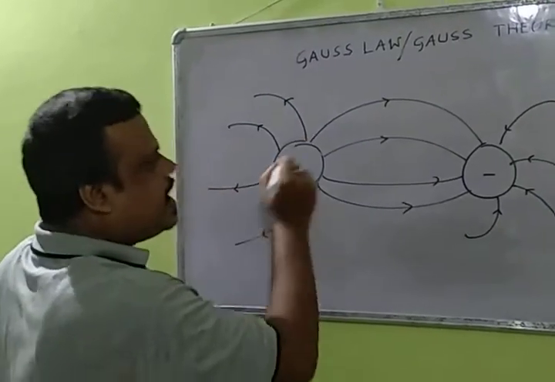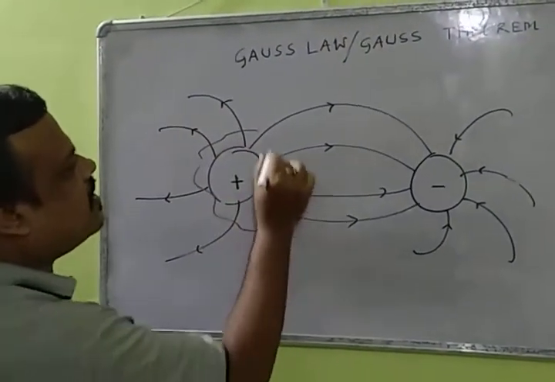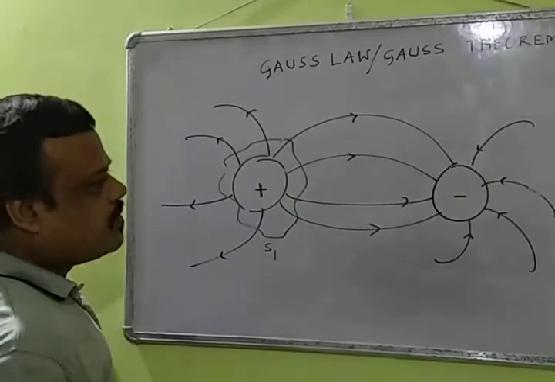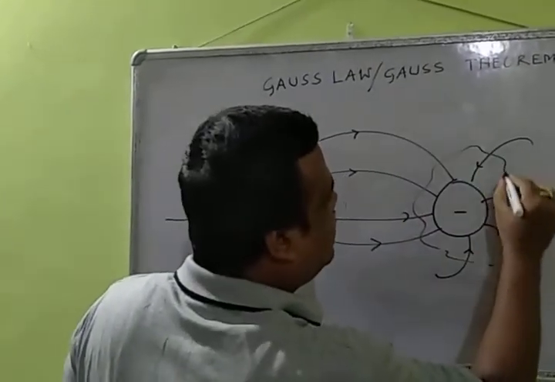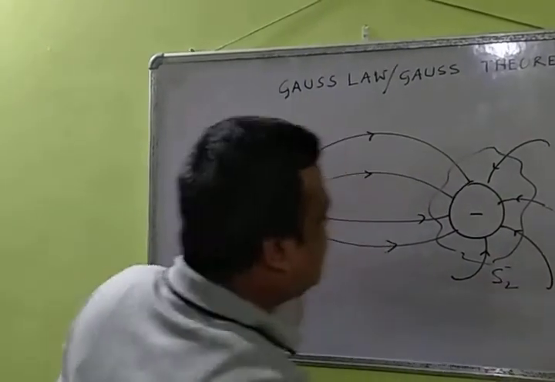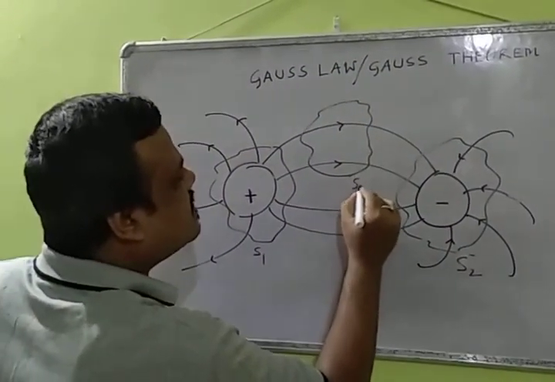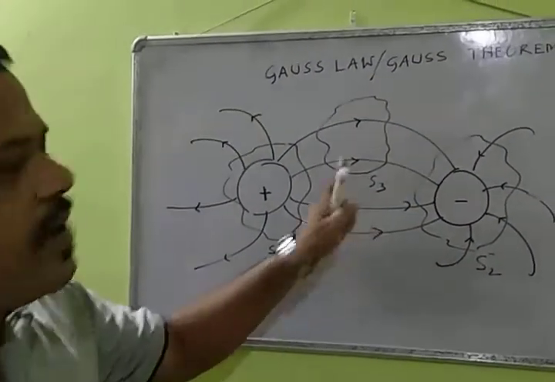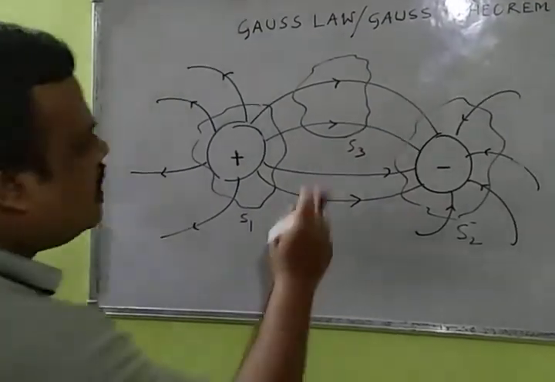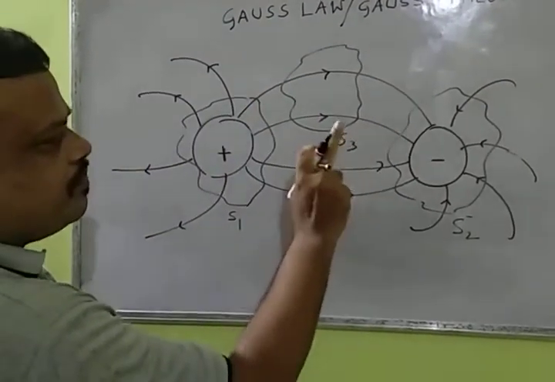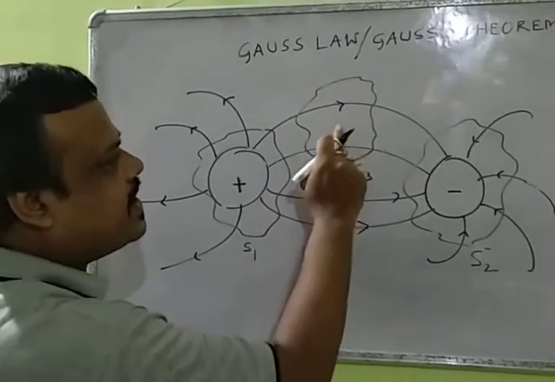Now say I am enclosing an area, I am giving the name S1. I am enclosing a negative charge, the surface is S2, and there is surface S3. Please focus on surface number 3, S3. According to Gauss theorem, does S3 contain any kind of charge?